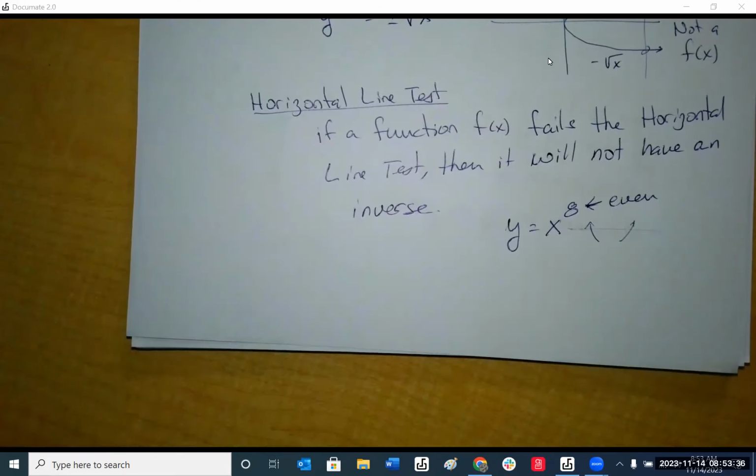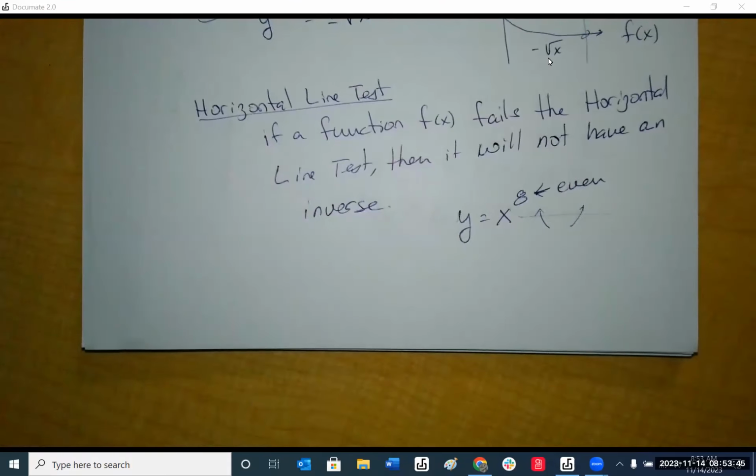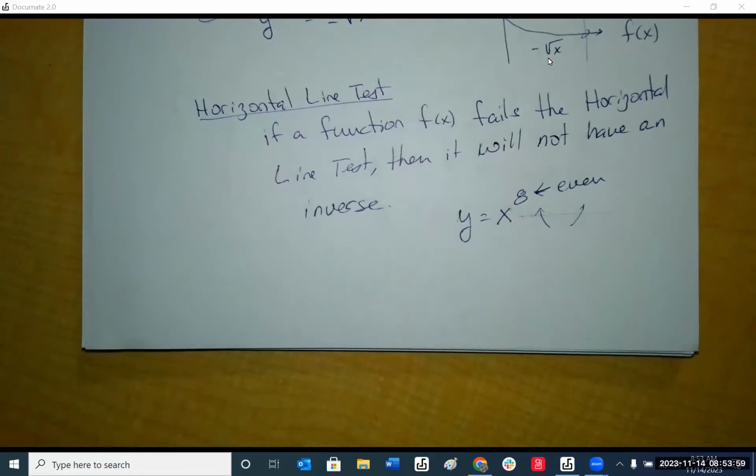Automatically, that fails the horizontal line test. So automatically, if the degree of the polynomial is even, then it will not have an inverse because you fail the horizontal line test. We can extend it even further. It says if it has an even exponent anywhere inside the equation, it'll fail.